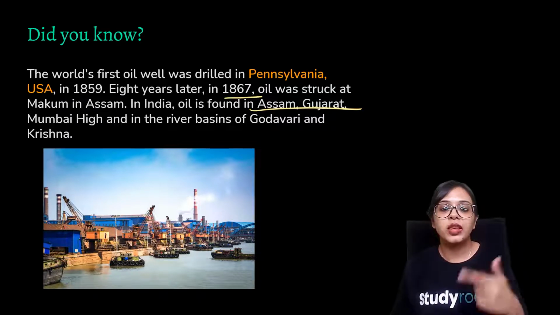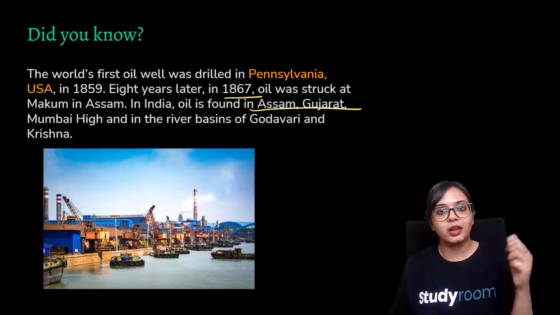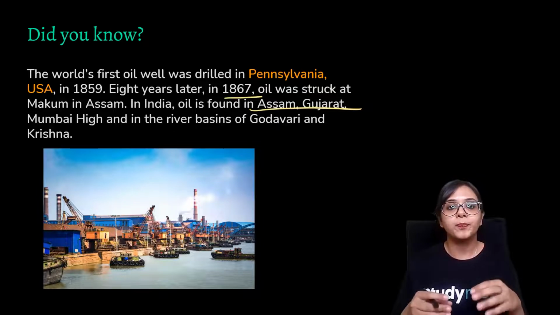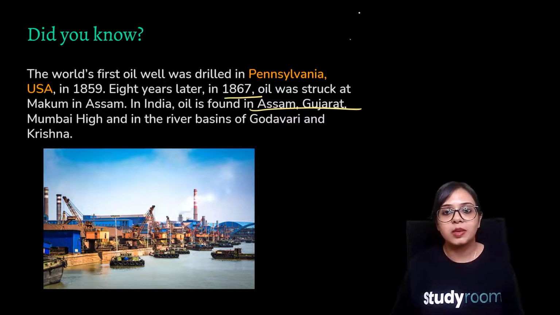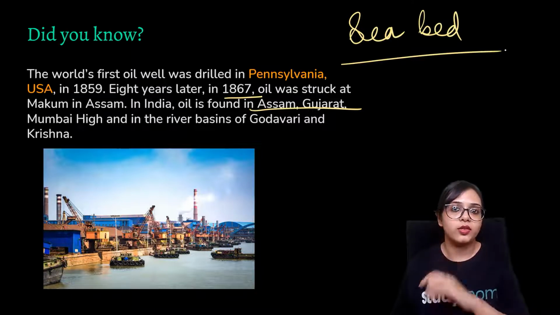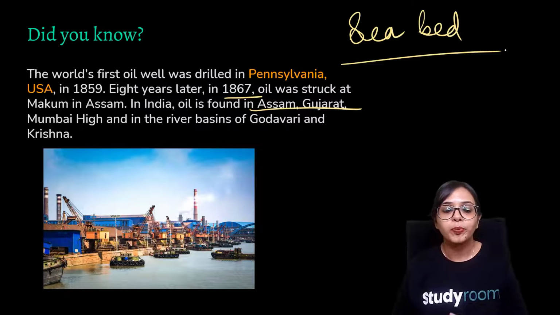So why are these coastal areas getting included? Because you saw in the formation slide that this petroleum is formed at the bottom of the sea, at the sea beds, where the dead and decaying organic matter of aquatic plants and aquatic animals gets stratified over layers of rocks and soil, clay soil, sandy soil, okay. After the stratification happens, some fossil fuel is formed, namely your petroleum oil and your natural gas.